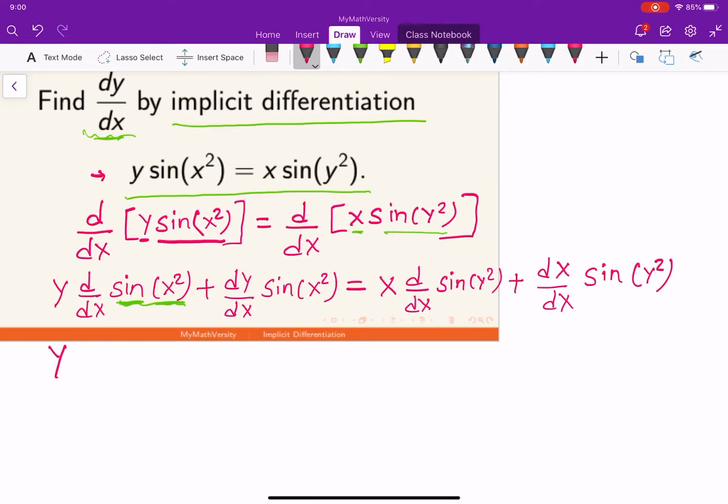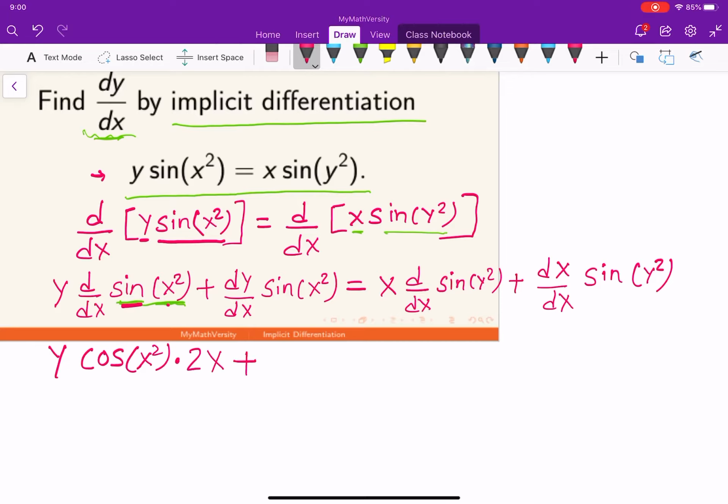We need to know the derivative of sine with respect to x, which is cosine, and since this sine function is composed with x squared, the cosine needs to be composed with that. Don't forget to then multiply by the derivative of x squared with respect to x, which is just 2x. So cosine of x squared times 2x is the derivative of sine of x squared.